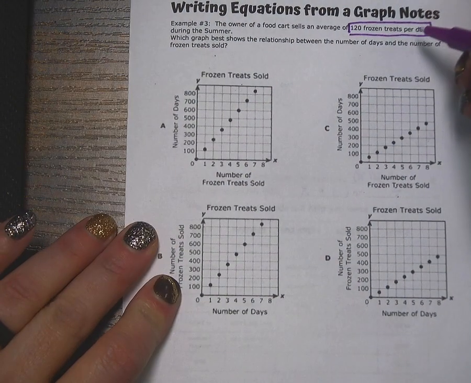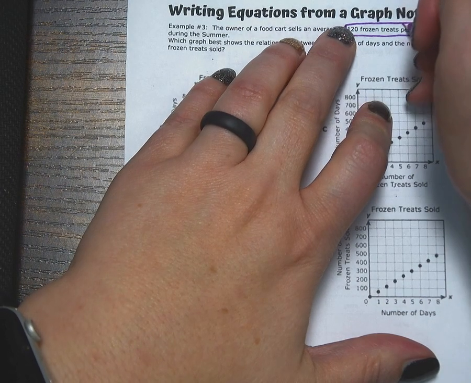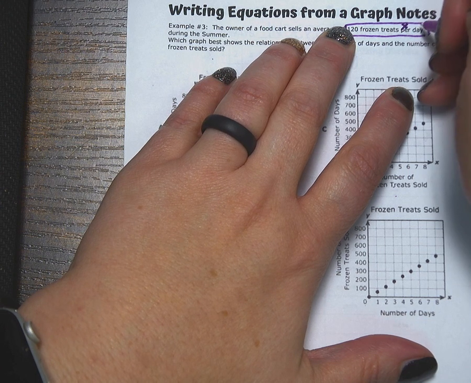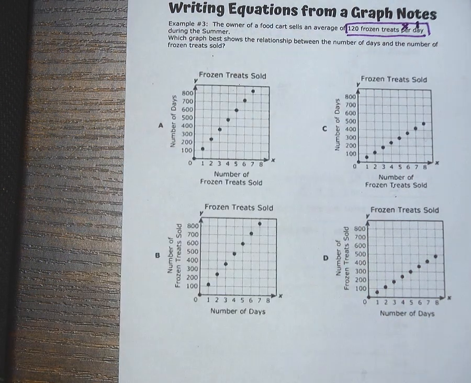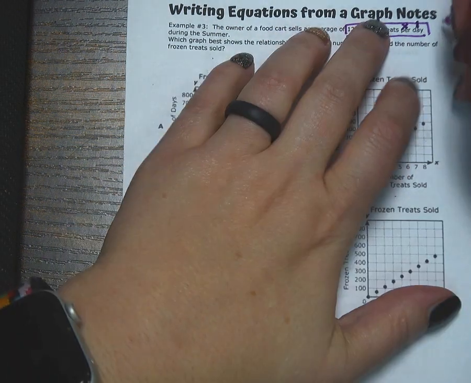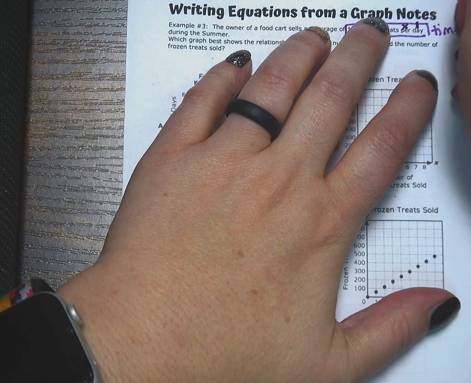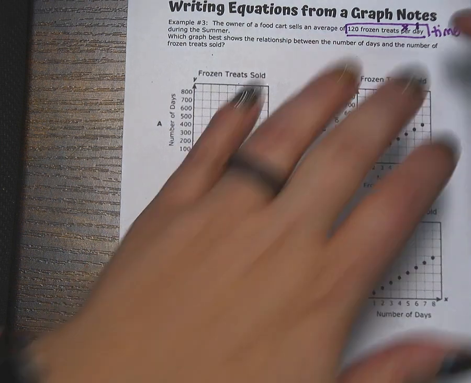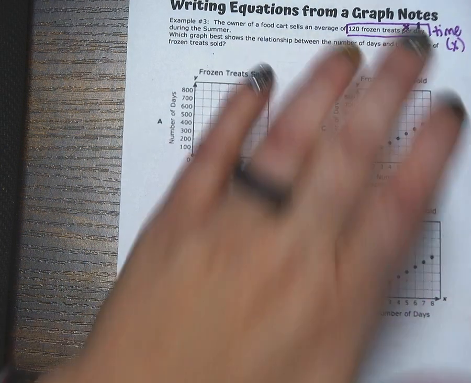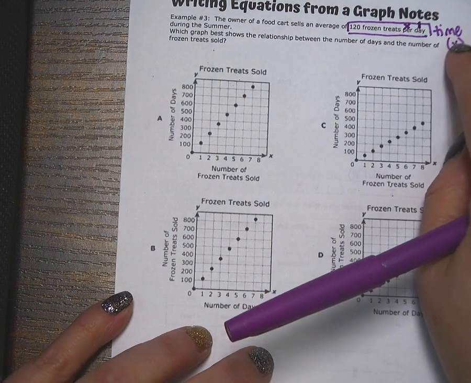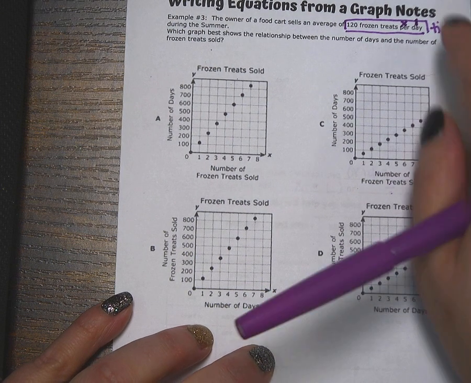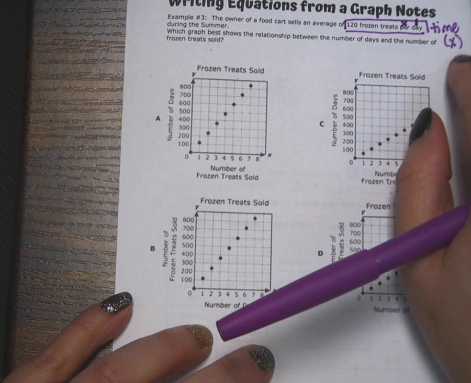So hopefully at this point in the year, you know that per is a multiplying word, and if it just says day, that means per one day, okay? And remember, day is time. Time is days, and so I know that days has got to be on the x-axis because time is always independent. So the first thing I'm going to look for is the days on the x-axis.